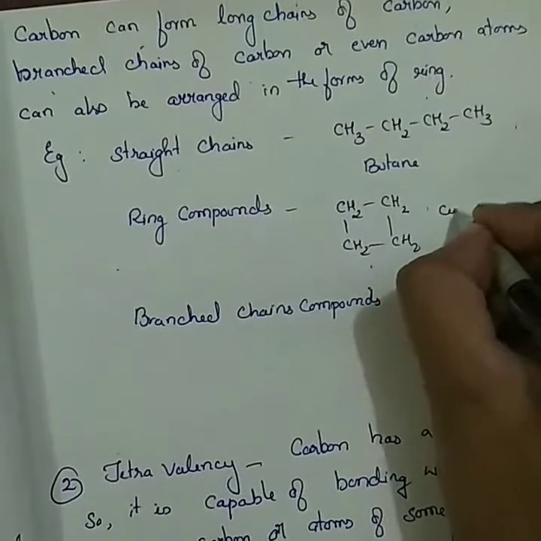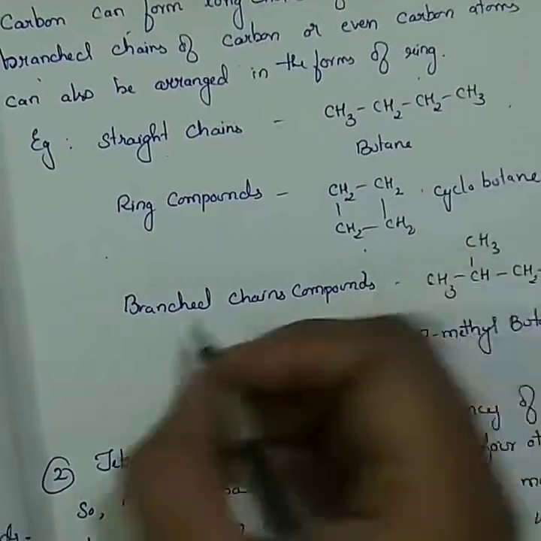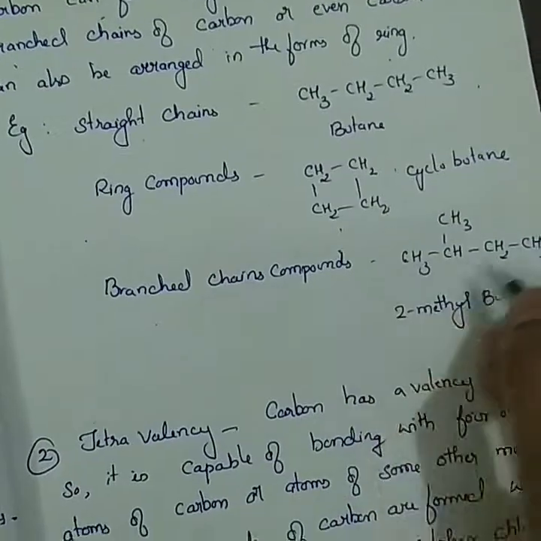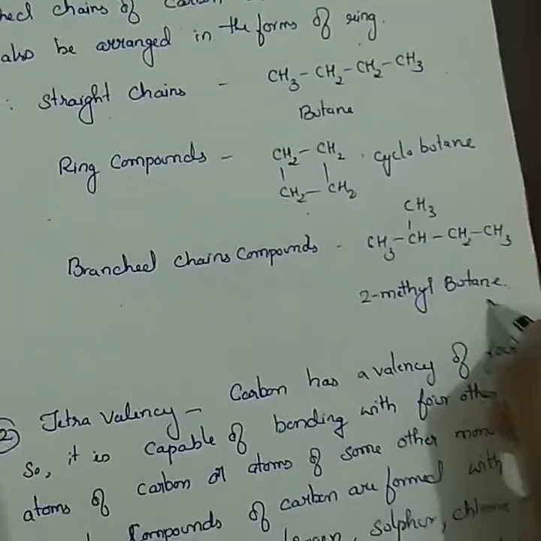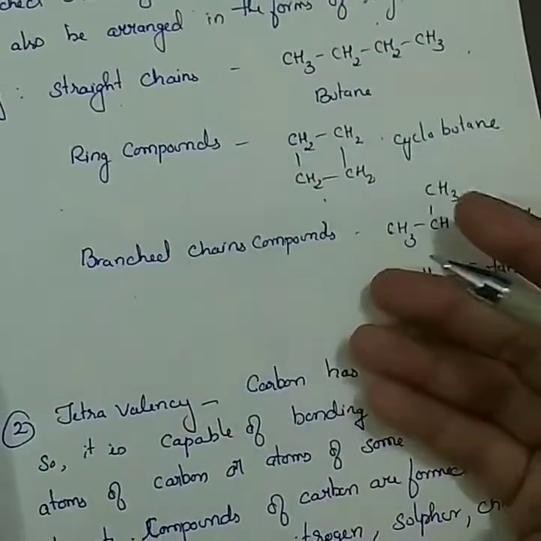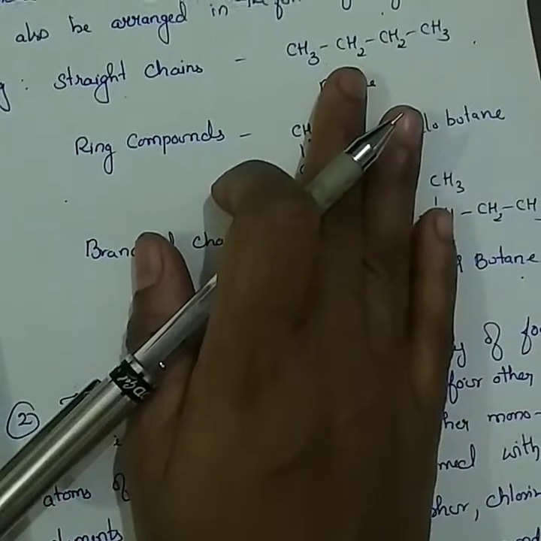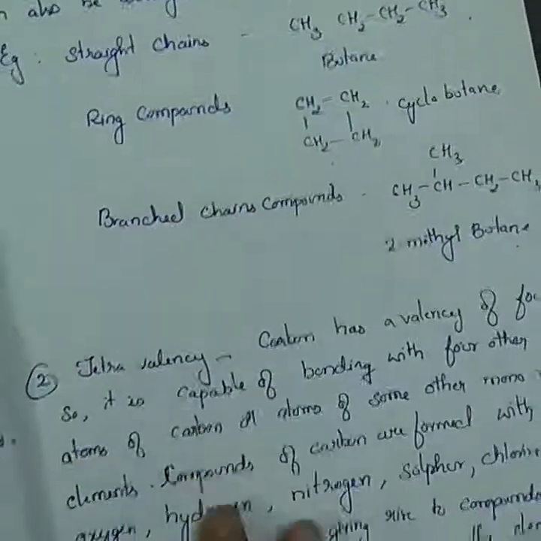Okay, this is cyclobutane. In branched chain, I have taken one example, 2-methylbutane. Okay, you can give one or two examples of this and you can explain this. This is about the first property, that is catenation.